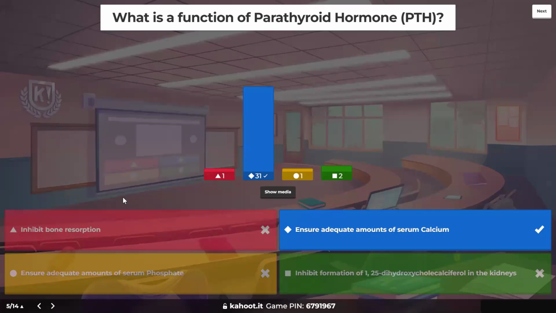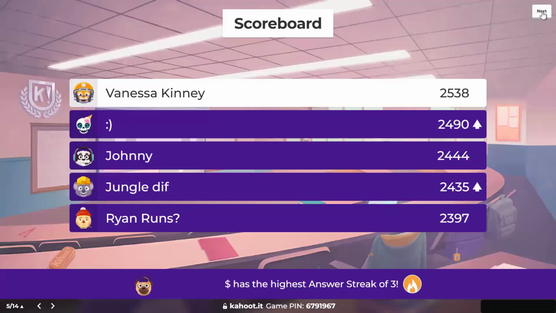The rest of these are pretty much opposite. It doesn't necessarily ensure adequate amounts of phosphate. It's actually having the kidneys excrete more phosphate, so you may have low phosphate with hyperparathyroidism. And it promotes the formation of this in the kidneys. Good job, Vanessa.